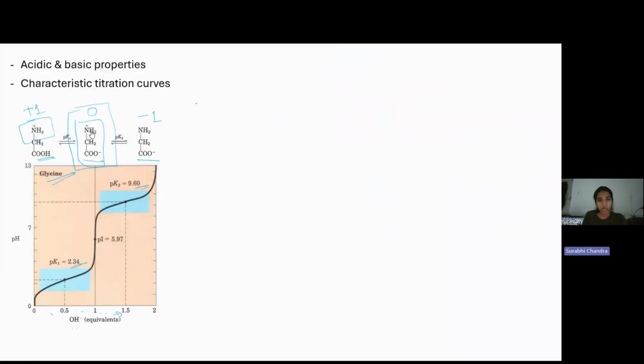So this NH3 plus gives off the H plus ion, thereby existing as NH2, and COOH gives off its H plus ion and exists as COO minus, and eventually the net charge in this state is -1 for the glycine molecule at higher pH. So in this region it is existing as a negatively charged molecule.